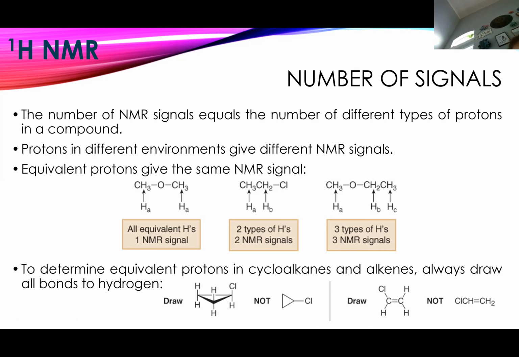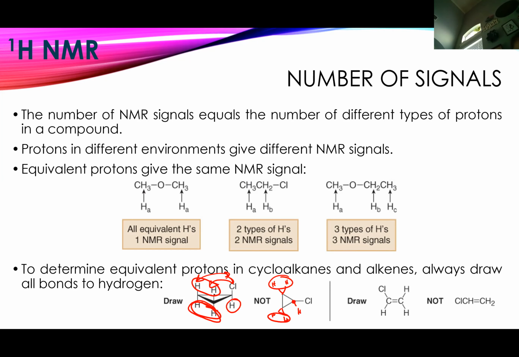So if we had just looked at this like this, we would probably think, okay, this is one type of hydrogen, and then these 4 are equivalent. That's the way that it looks when you draw the molecule flat. But when you draw it in 3D, what we actually have is this hydrogen is unique. These 2 are a unique set, and these 2 are a unique set, because these hydrogens are having axial interactions with the chlorine, whereas the hydrogens underneath the ring are not.